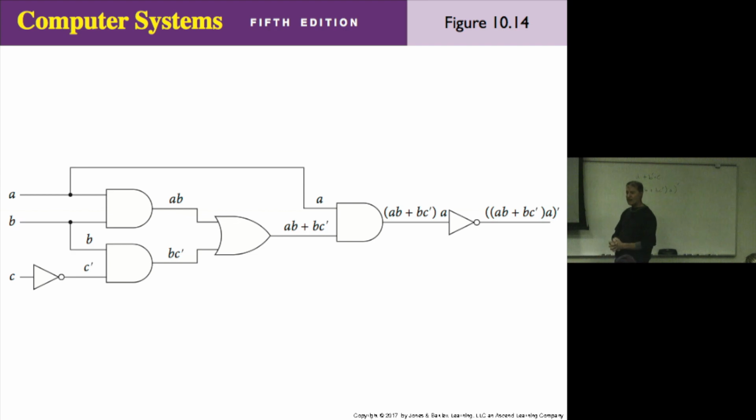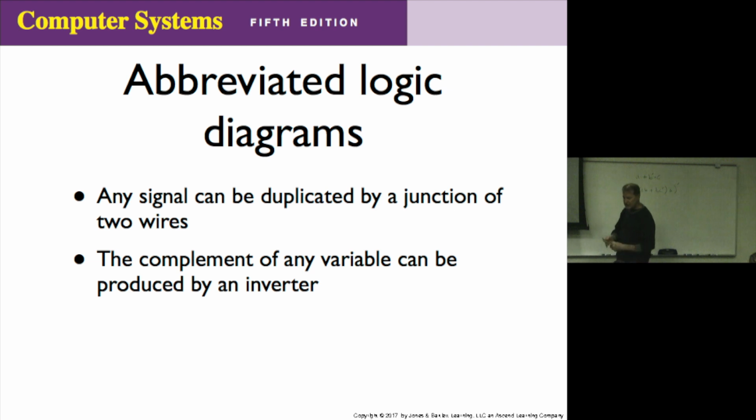And now I think you have enough. Oh, just let me do one more thing. Do you see that anytime you have a variable, you can always just throw in an inverter to get its complement, right? And furthermore, anytime you have an A coming in here, you can always tap off of it. So typically what we do is we abbreviate the logic diagram.